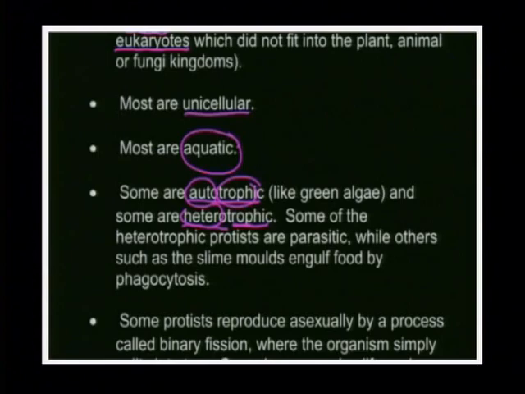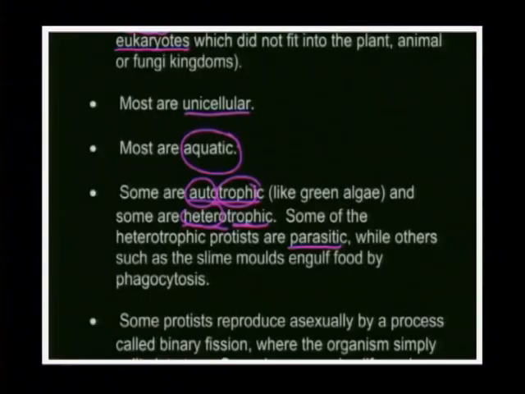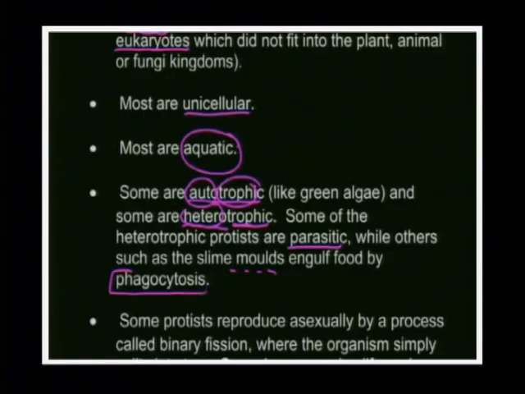Remember, as I mentioned to you, that some of these different feeders are parasitic, while others, like our amoeba, and in fact the slime mold, stretch out those arms and hug in, pull in their food, which is called phagocytosis, a beautiful word which means cell eating.